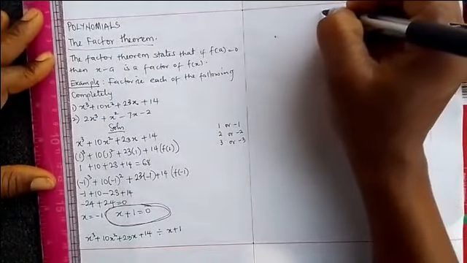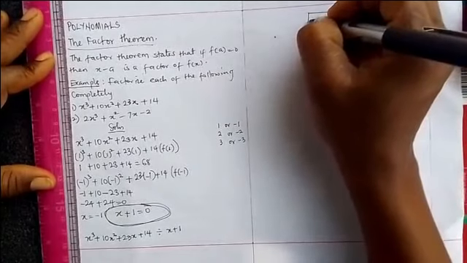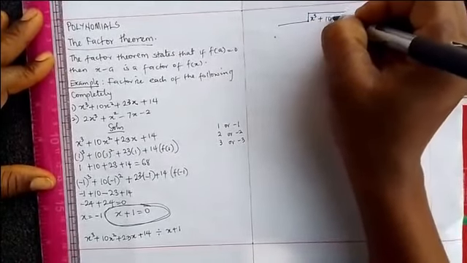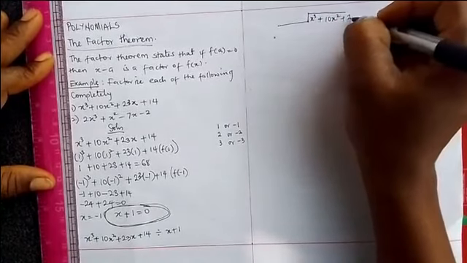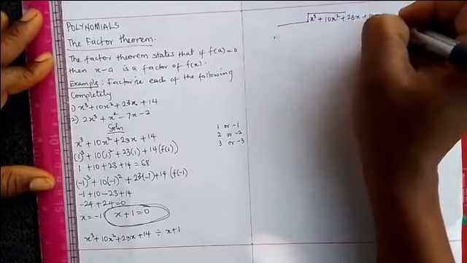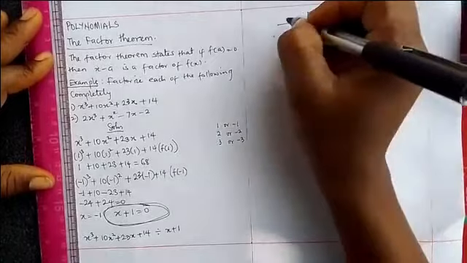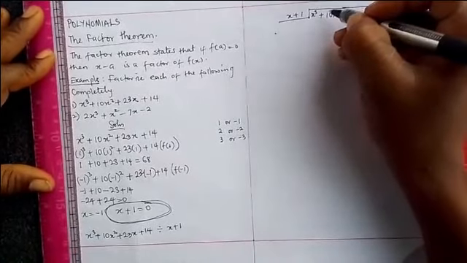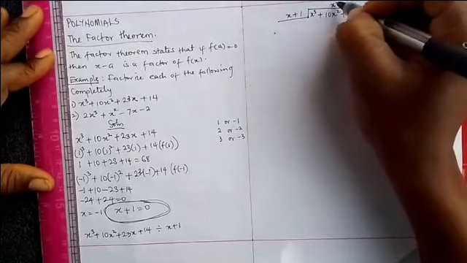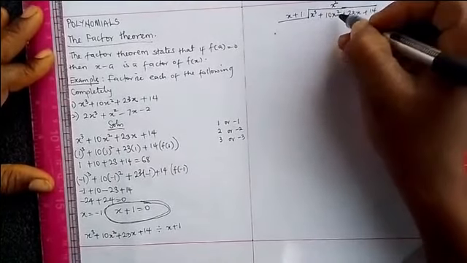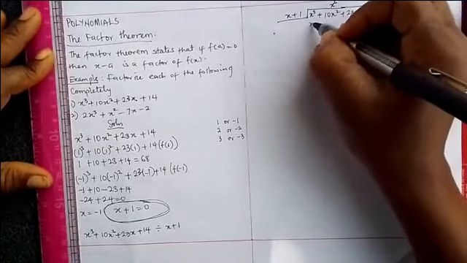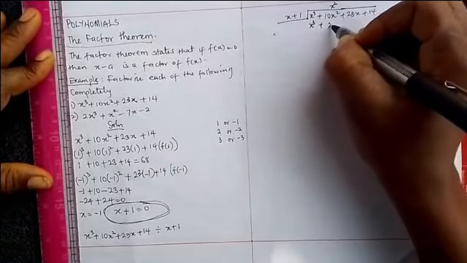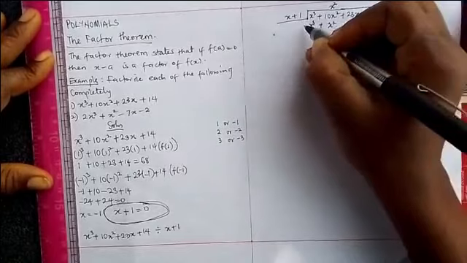Now let's divide. x raised to the power of 3 plus 10x raised to the power of 2 plus 23x plus 14 divided by x plus 1. x raised to the power of 3 divided by x is x raised to the power of 2. x raised to the power of 2 times this, that's x cubed plus x squared.